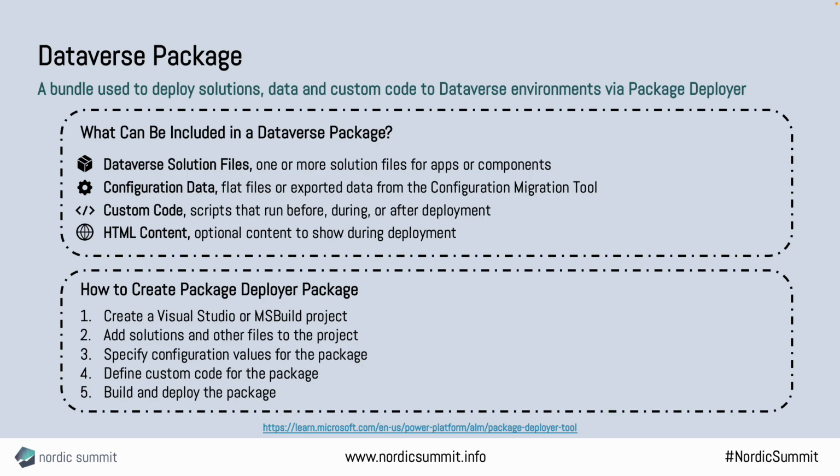You can also include custom code so that you can migrate columns if you want to rename them, change their data types, and you can perform any sort of post-deployment automation like reassignment flows, enabling, disabling processes, and all sorts of stuff. So Dataverse packages, Dataverse solutions.